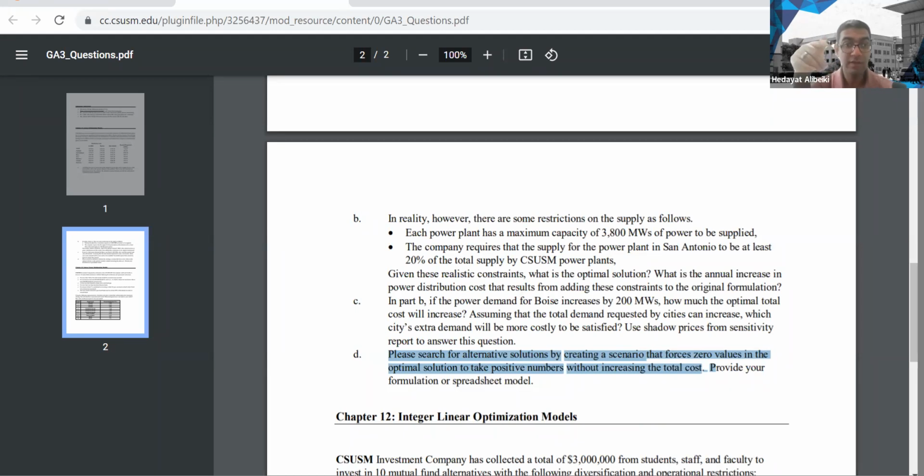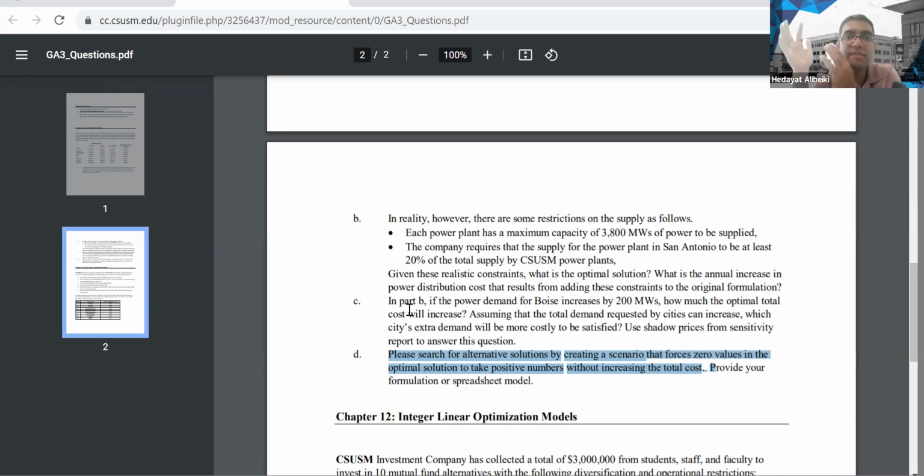After you solve part B, after you added this constraint, you change the objective function to the sum of the decision variables that took 0 in optimality, right? So the objective function is going to be the sum of those. You want to actually maximize it, because you want to try to get positive values for those.